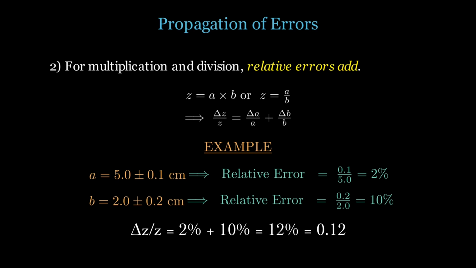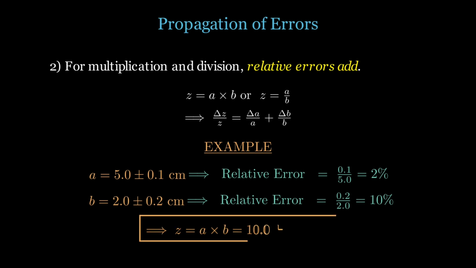So the relative error in Z is the sum of these two, which equals 0.12. This is delta Z over Z. Thus, delta Z is 0.12 times 10, that is 1.2, and this gives us the final result as you can see here.